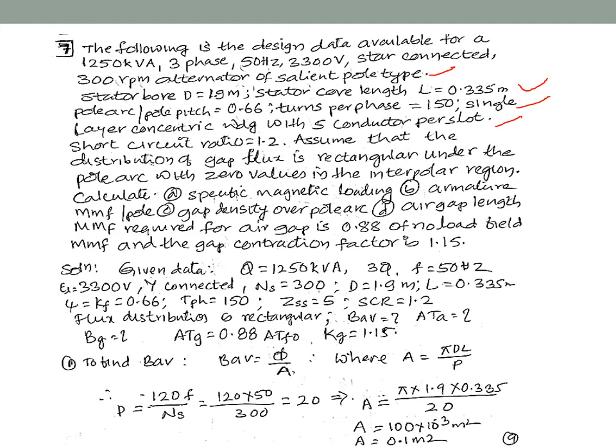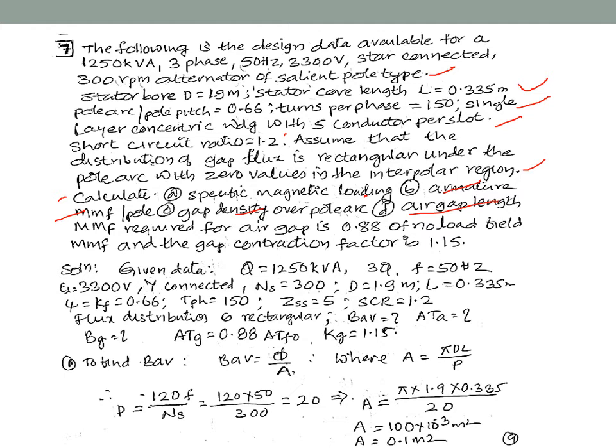Short circuit ratio 1.2. Assume that the distribution of the gap flux is rectangular under the pole arc with 0 values in the interpolar region. So calculate specific magnetic loading, armature MMF per pole, gap density, air gap length.